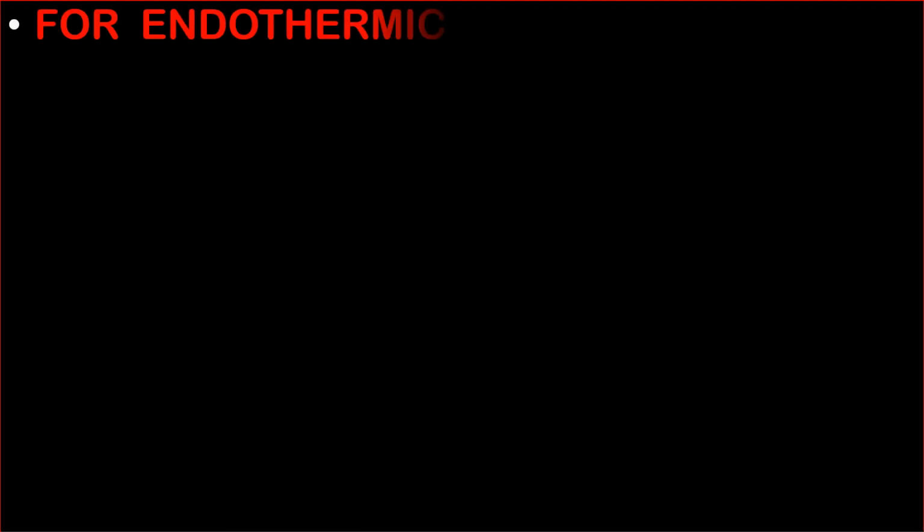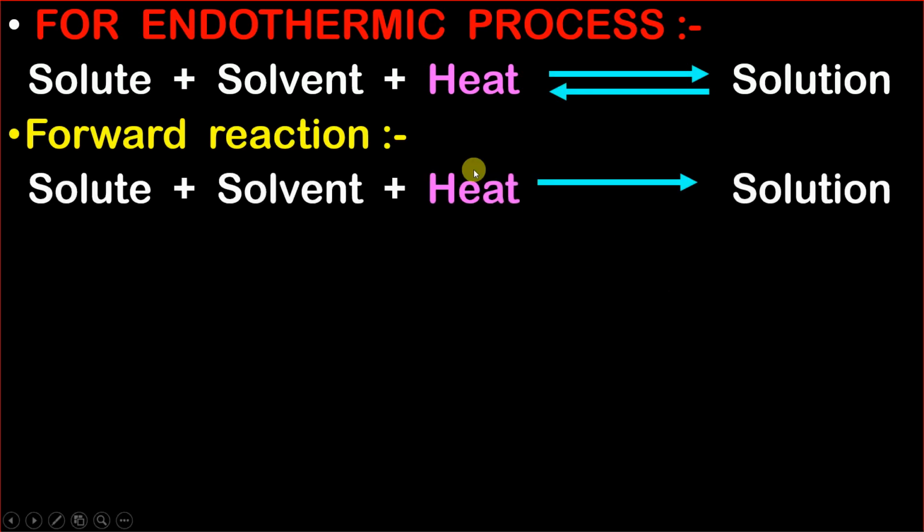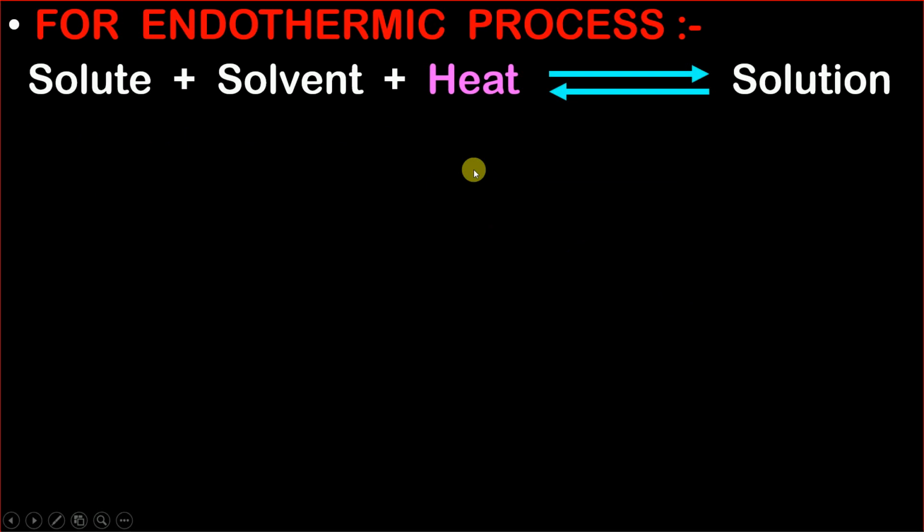So for the endothermic process, let us consider a saturated solution, and we all know that in a saturated solution a dynamic equilibrium is established. Since dissolution is endothermic over here, the heat will be absorbed by the reactant, that is the solute dissolving in the solvent. So when solute dissolves in solvent, it is going to absorb heat.